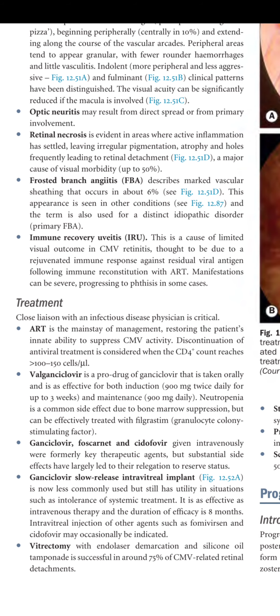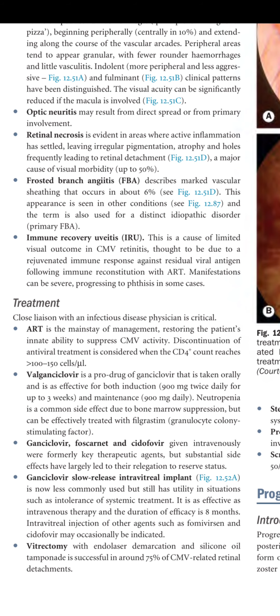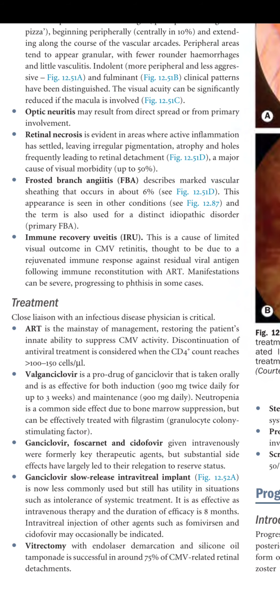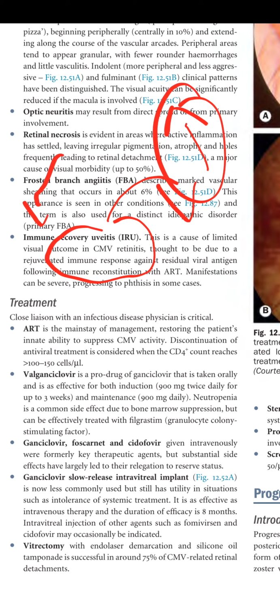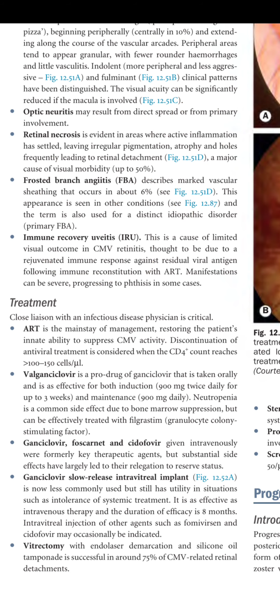So whenever the immune reconstitution fights the remaining viral antigens, it causes an aggravated immune response, which is known as immune recovery uveitis. Manifestation can be severe, progressing to phthisis in some cases.